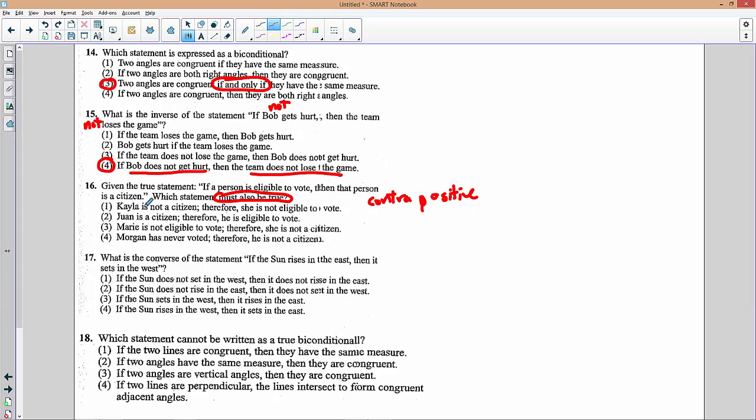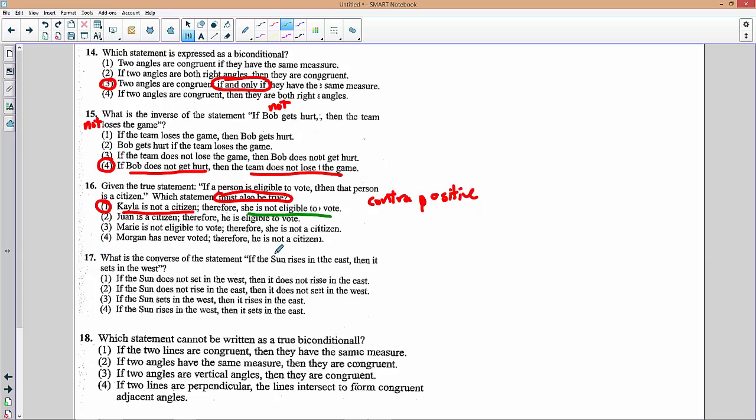Kayla is not a citizen. Okay, so that's not Q. And then a person is eligible to vote, so she is not eligible to vote. So that works, right? So it's number 1 here because this is not Q. This part here, Kayla is not a citizen, that's not Q. And not eligible to vote is not P. Okay.